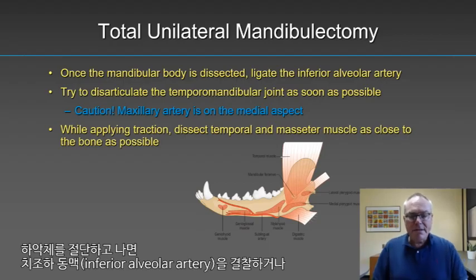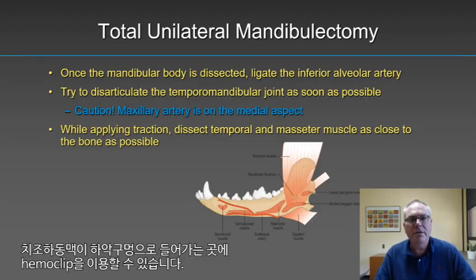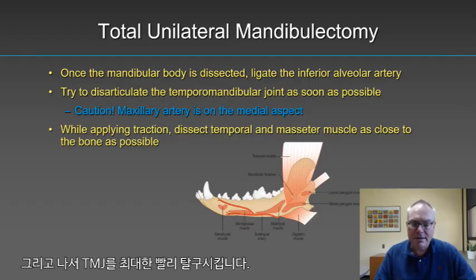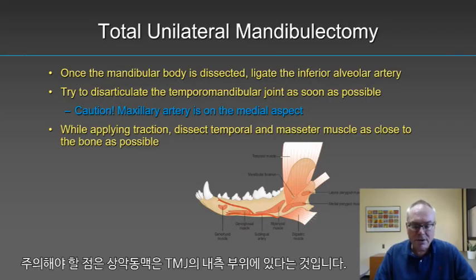So once the mandibular body is dissected, we ligate the inferior alveolar artery, or you can use a hemoclip on the inferior alveolar artery where it enters the mandibular foramen. And then we try to disarticulate the temporomandibular joint as soon as possible. One word of caution is that the maxillary artery is located on the medial aspect of the TM joint.